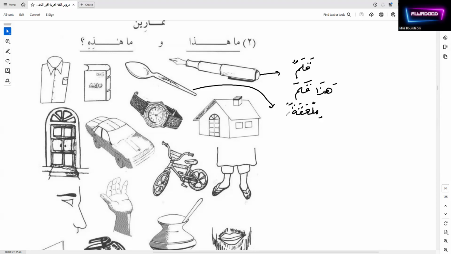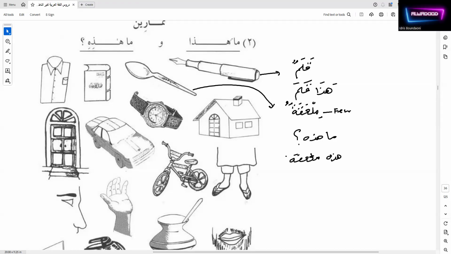What about this? This in Arabic is called ملعقة. Now, let me check it. Is it masculine or feminine? It is feminine. Why? Because of the تاء مربوطة. So my question is going to be ما هذه. And then I will say هذه ملعقة.